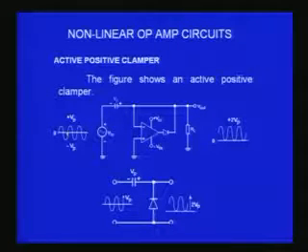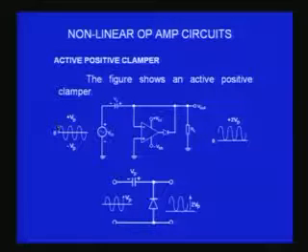The excursions are equal on both sides, plus V peak and minus V peak for maximum values, and you can see it goes back and forth on both sides of the ground. Now when I say I am clamping, what I actually do is change this line with reference to the sine wave.